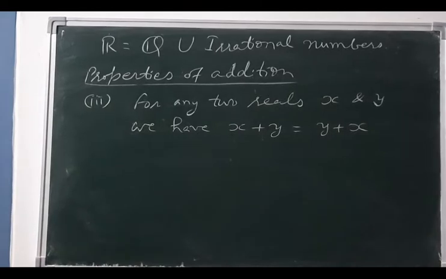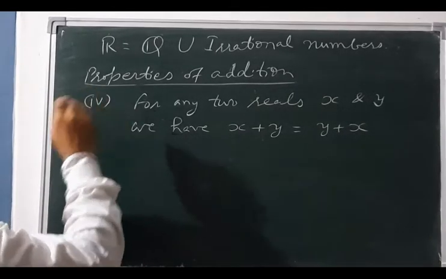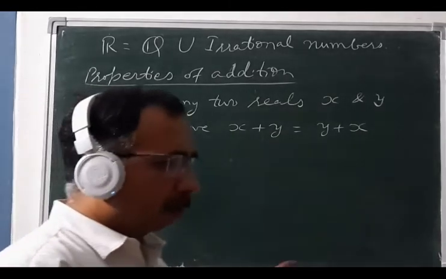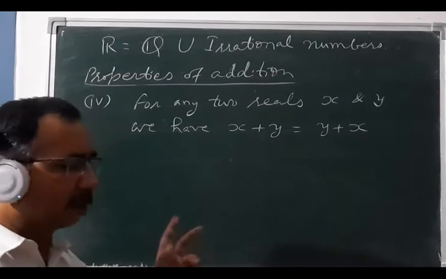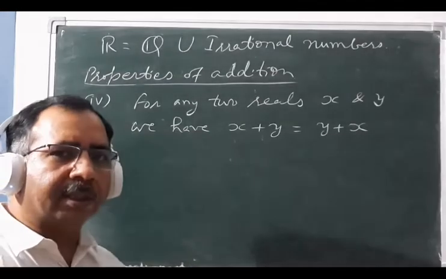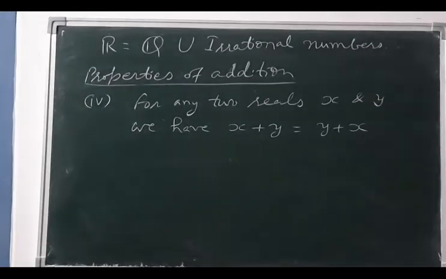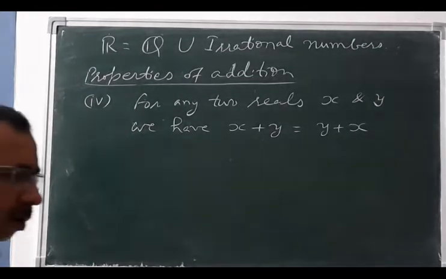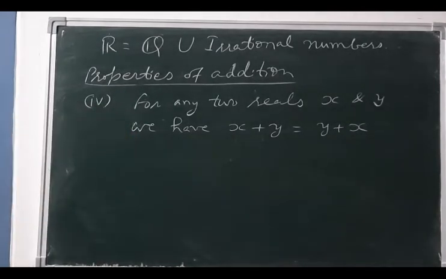So these are the four properties satisfied by the set of real numbers. The first property which I have stated, that of the addition operation, is sometimes called the closure property. The set of real numbers is closed under addition, or there is a binary operation under addition. These two things are synonyms.